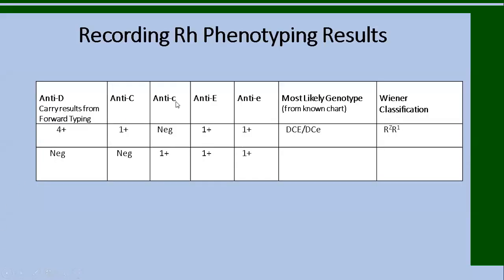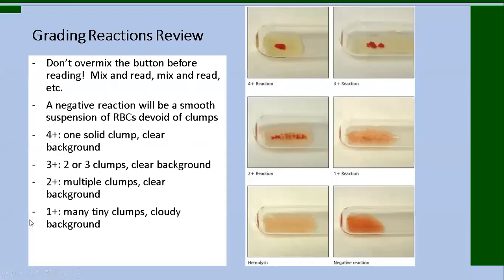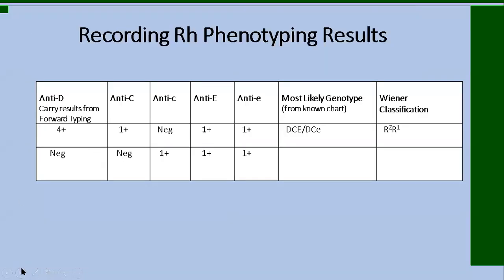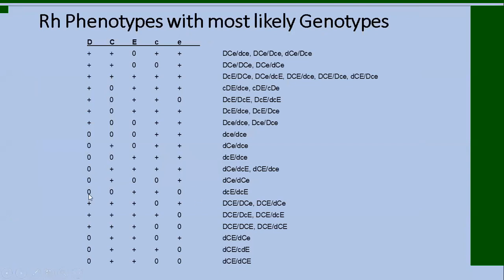Nope. Okay, let's see. Big C, big E. Nope. Let me just go back and check. So they have only little c, but both e's. Oops, wrong way. Sorry about that. So we're looking for D negative with only little c and both e's.